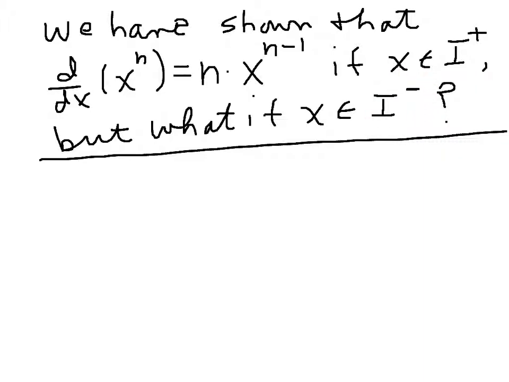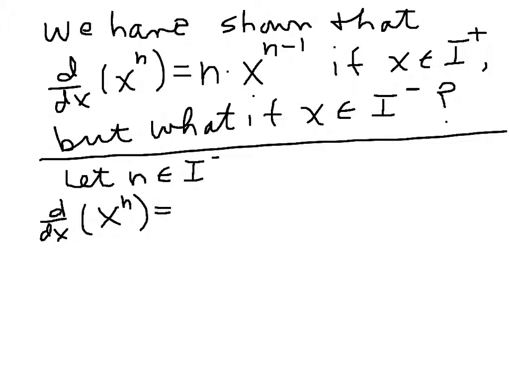What happens in that case? Luckily, the same rule works, and let me give you a proof of that. So let's let n be a negative integer, and we want to take the derivative with respect to x of x to the n.